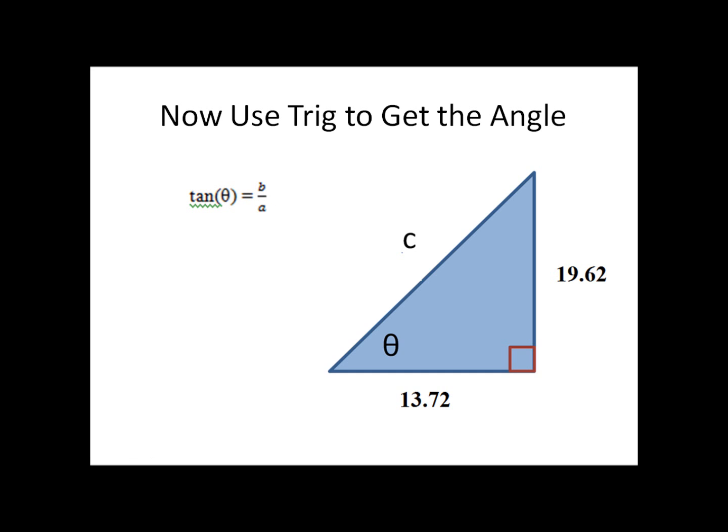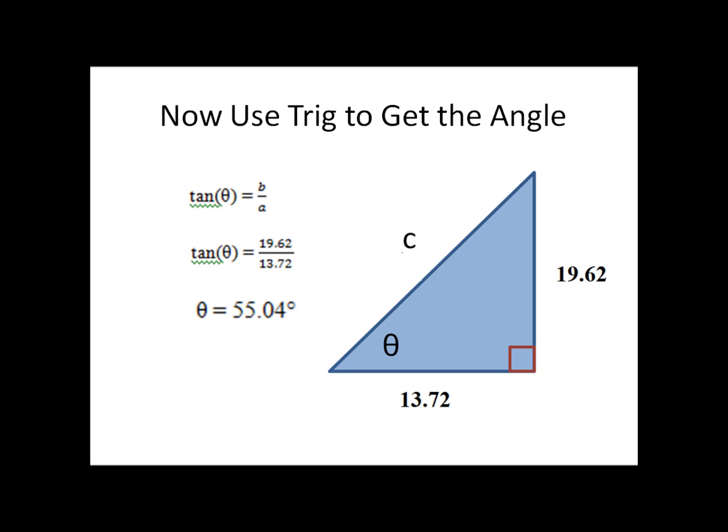Now we have the velocity, but we need the angle as well. We can use trigonometry to figure that out. Using SOHCAHTOA, we can use the tangent rule. The tangent of theta equals the opposite side divided by the adjacent side. That is to say, the tangent of theta equals 19.62, the side of the triangle that is opposite of theta, divided by 13.72, or the side that is adjacent to theta.